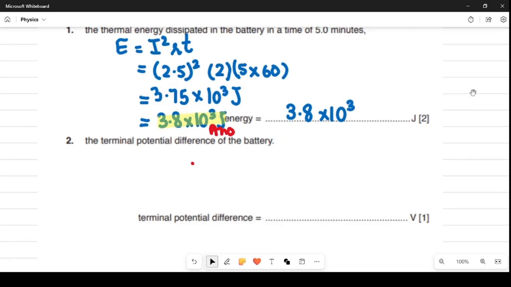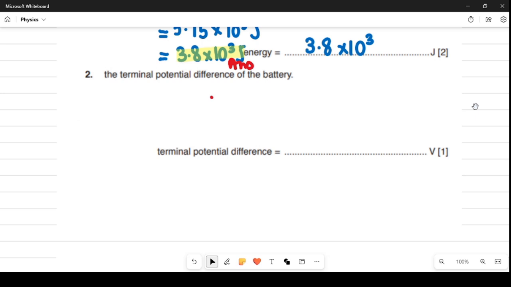Right, let's move on. The terminal potential difference of the battery. We know that EMF is equal to V plus the internal potential difference.